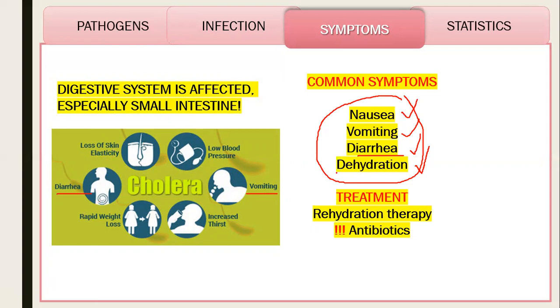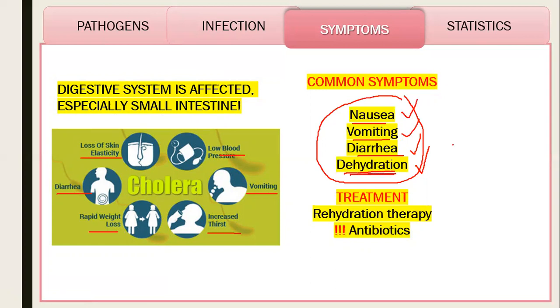Because people dehydrate when they lose water, the skin becomes dry, which means skin loses its elasticity. Low blood pressure is another symptom. Because people lose water when they are infected, they start to feel thirsty, and of course they start to lose weight. But the common symptoms are nausea, vomiting, diarrhea, and dehydration.